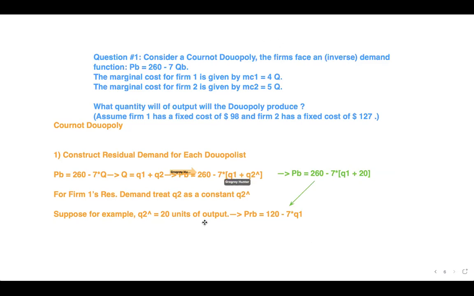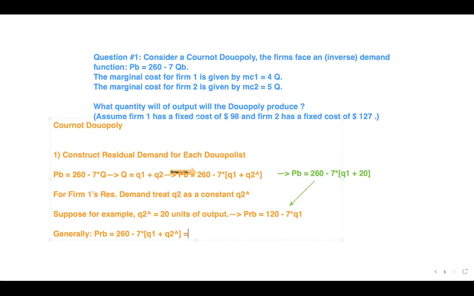So that just gives me some insight. So that was a specific example to show you what the thinking was. But generally, we would get PRB is equal to 260 minus 7 times Q1 plus Q2, which is a fixed value.